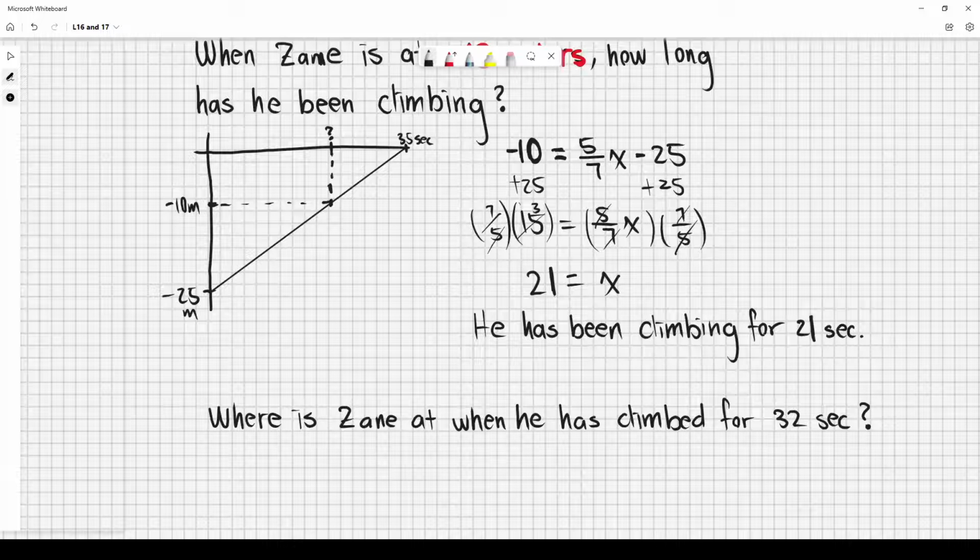Chloe, idea? This is not a nice number, so you can just use a calculator. You can use a calculator.